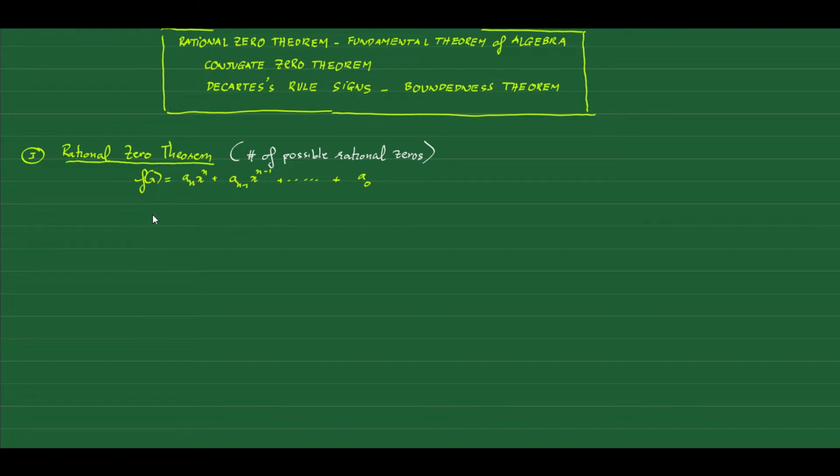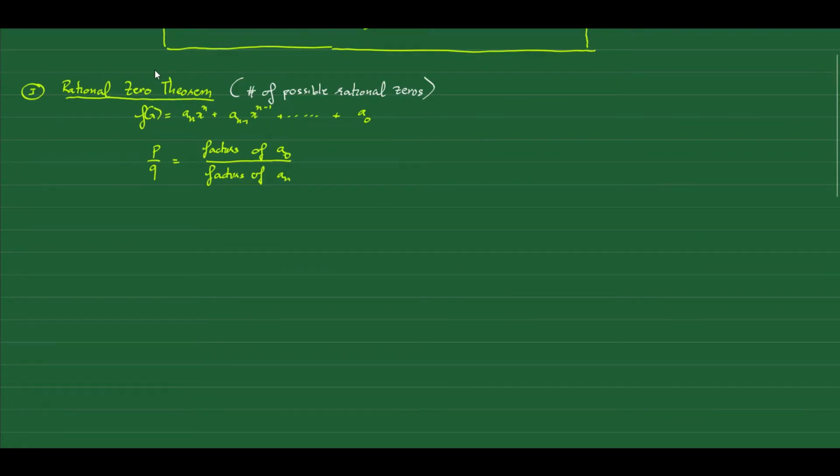We set the ratio p over q, where p is all the factors of a sub 0, and q is the factors of the leading coefficient a sub n. Then the ratio will give you all the possible rational zeros. For example, I have something like this.